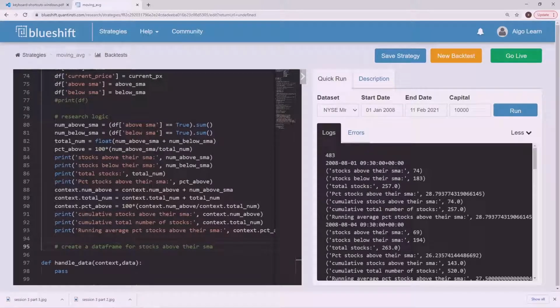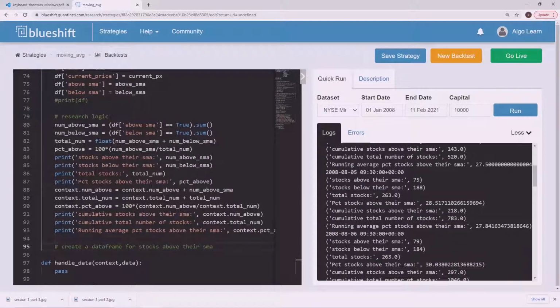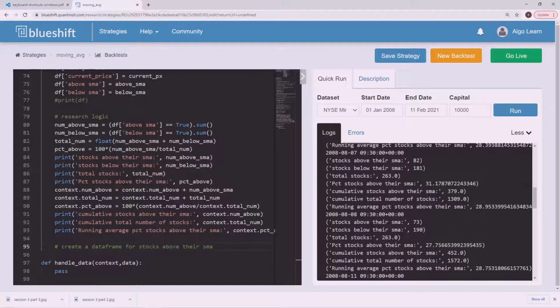So anyway, you can see here that the number of stocks above the 200 moving day average is 74 and below is 183. And so that only comes out to be about a 29% rate of stocks above their 200 moving day average. And that's fairly consistent here as we move through August at around 28, 29%.